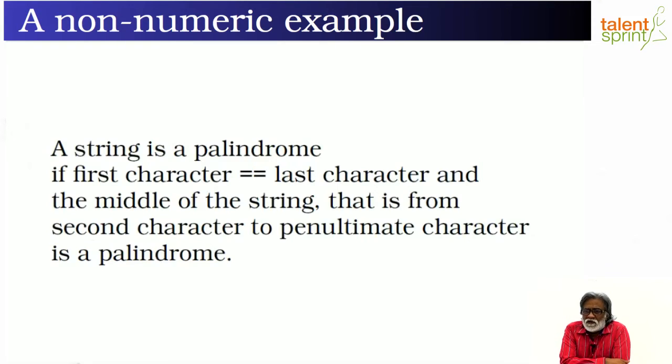When is a string a palindrome? If the first character is equal to the last character, then it can be a palindrome. If the first character is not equal to the last character, it is not a palindrome. Oh, by the way, I hope you all know what a palindrome is. If not, here is a quick definition. A palindrome is a word in English which reads the same way from the beginning to end.